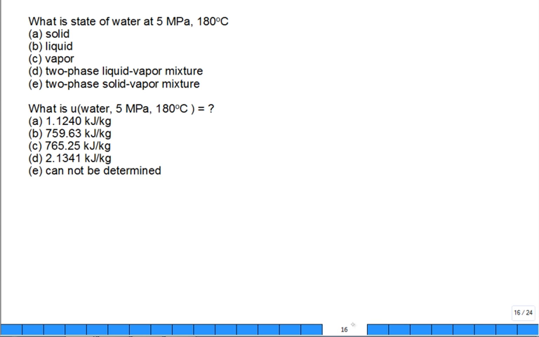What is the state of water at 5 megapascal, 180 degrees C? Well, 5 megapascal is how many bar? It's 50 bar.